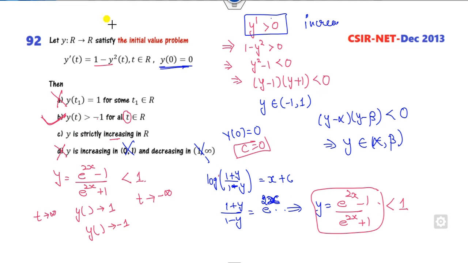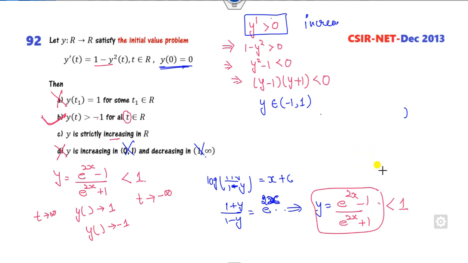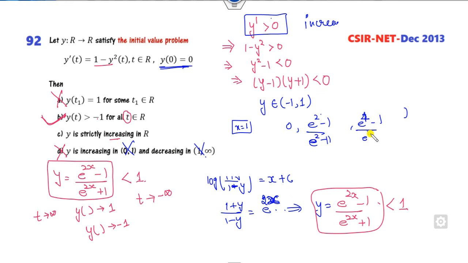Now is y increasing for all r? So we have seen y from minus 1 to 1 is increasing. That's very simple again. If I take x as 0, the answer is 0, e raised to power 0 minus 1, then e square minus 1 over e square plus 1, then e raised to power 4 minus 1 over e raised to power 4 plus 1, and we all know this.